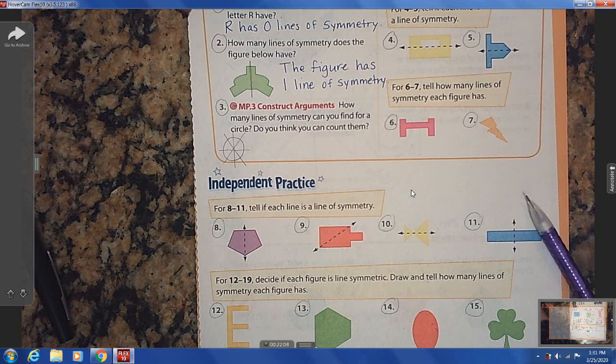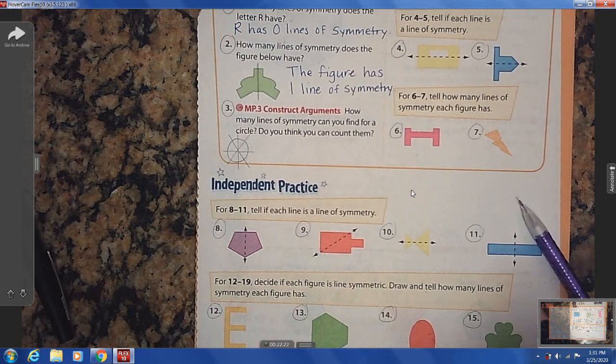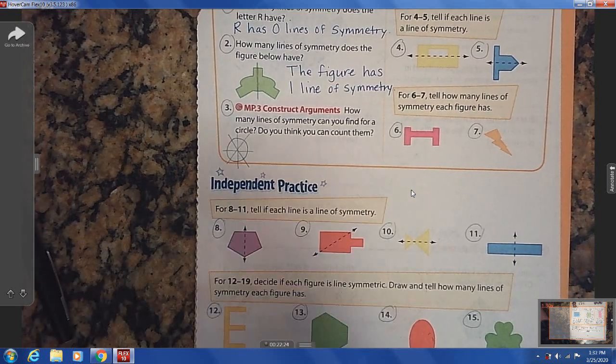Infinity is like uncountable, right? So an amount of lines that you wouldn't even be able to count them all. Do you think you can count them? Probably not. So a circle has more lines of symmetry than you can really count. That could be our argument.